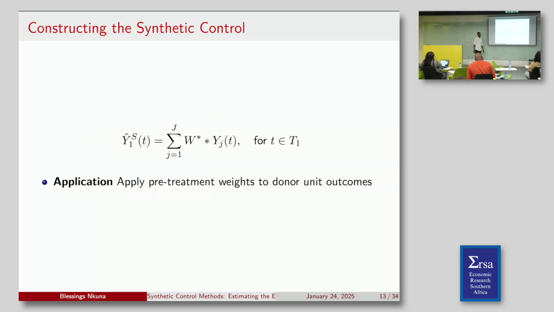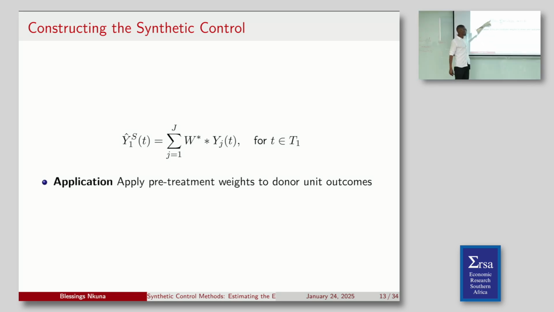Once you have those optimal weights, now you're ready to combine them with the donor countries to form the synthetic control. As you can see, we multiply the weights with the outcome of each of the donor countries that matter. Okay, all of them. Some of them will have zero weights in cases where they don't matter. And we'll have y hat, the estimated y outcome, the estimated synthetic control, y hat s.